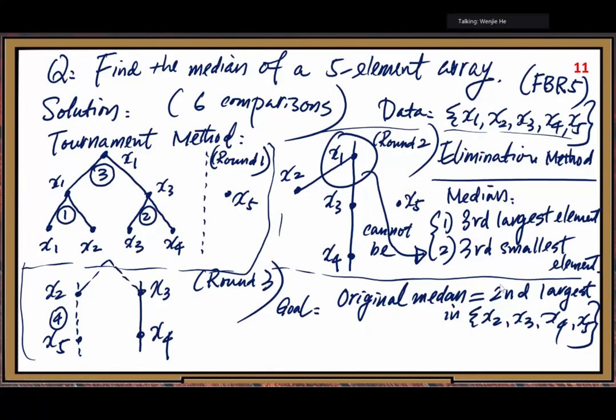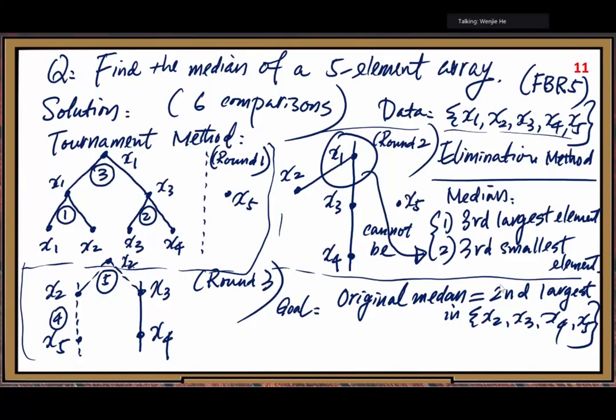No matter which one, so the 5th one. You can assume x2 is the winner, because it is symmetric. When we have two symmetric cases, we just pick any one of them. So the 5th comparison gives the largest.